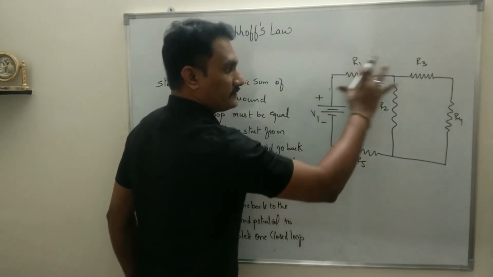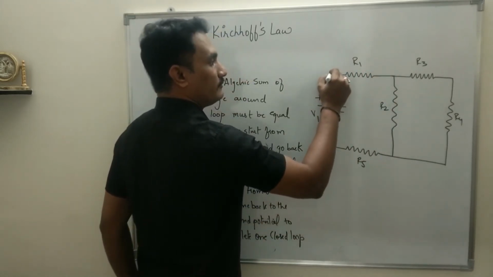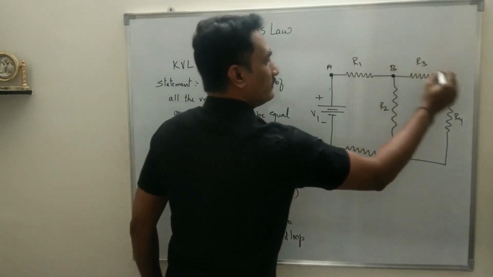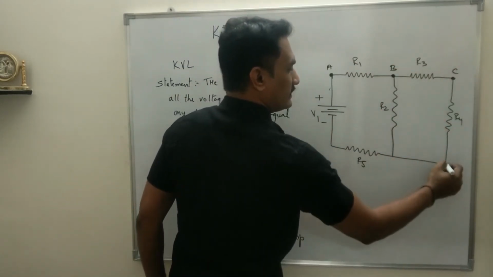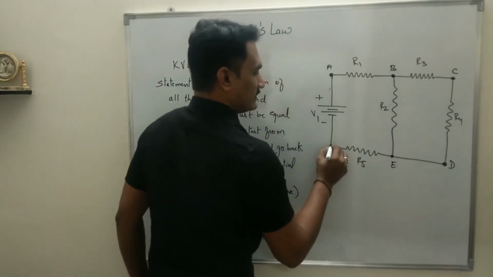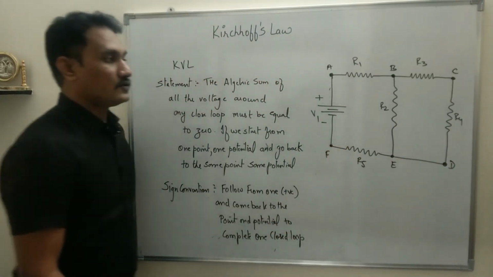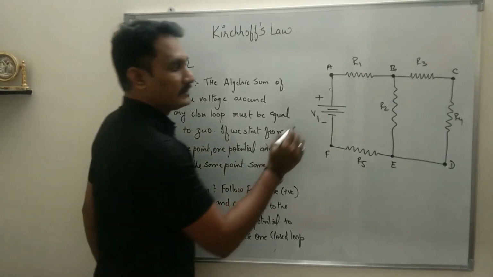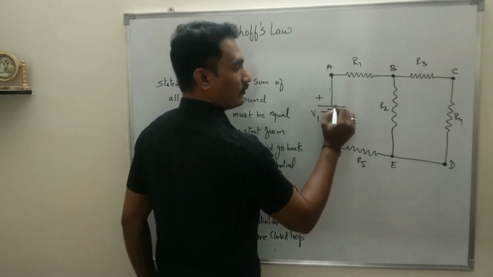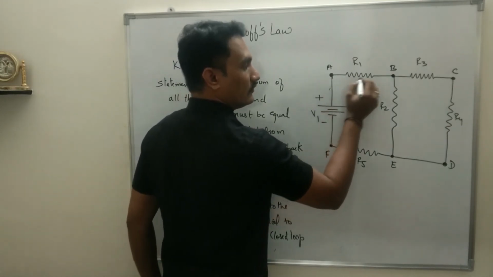To observe this circuit, let us name the points. This is A, B, C, D, this is E, and say this is F. First you apply the sign convention depending upon how the current will flow. Current will flow from positive, so it will move like this, through R1.